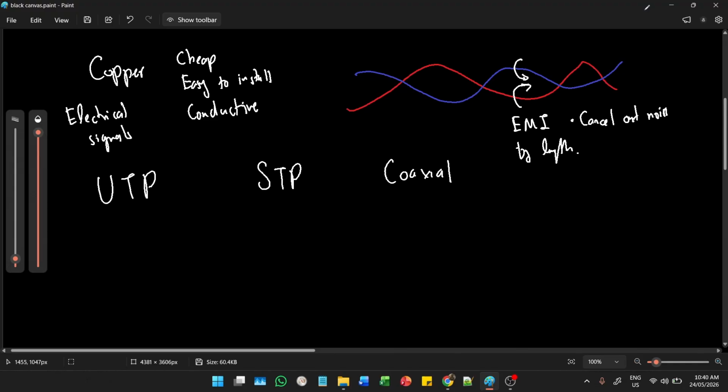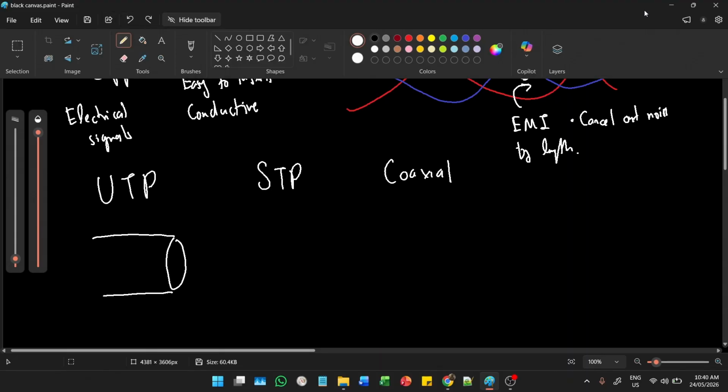So let's talk about UTP first. UTP has three main components. One, it has an outer jacket, and then it has four wires. Let me draw them real quick.